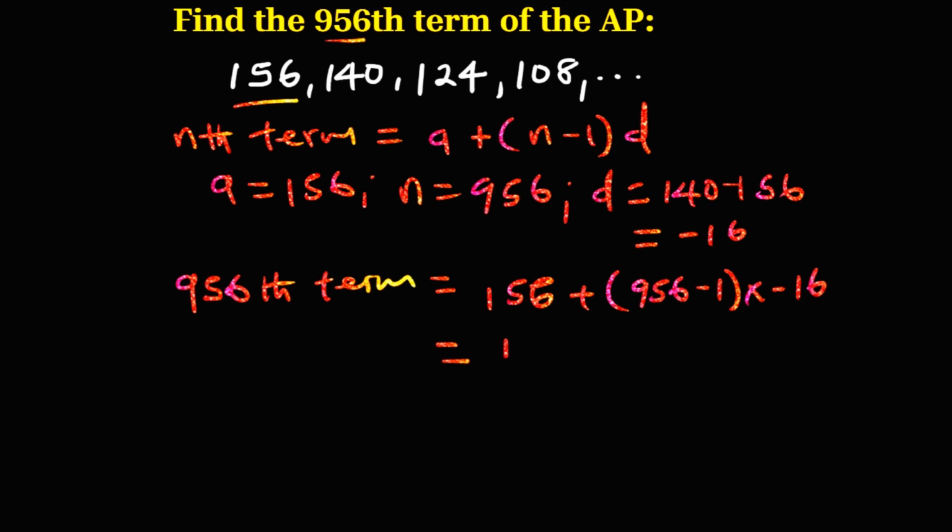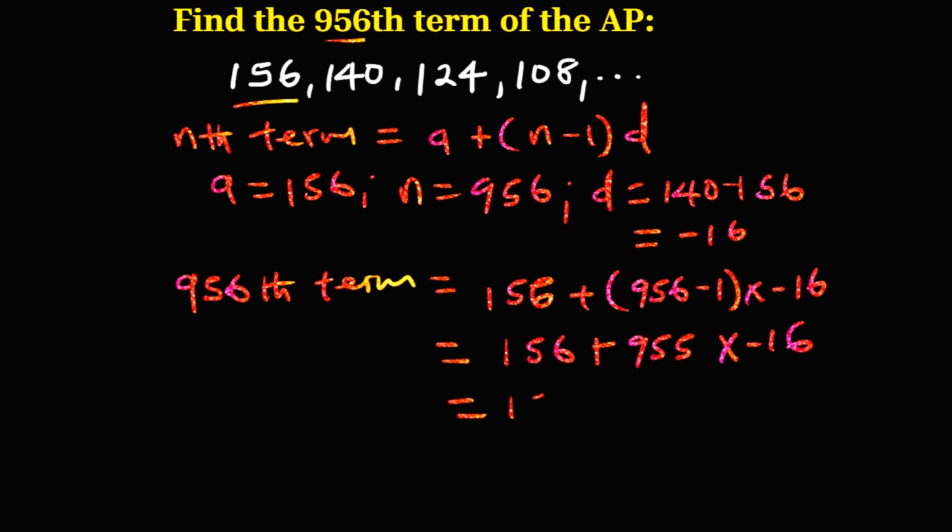So we have 156 plus 956 minus 1 is 954. Not 954, but 955.